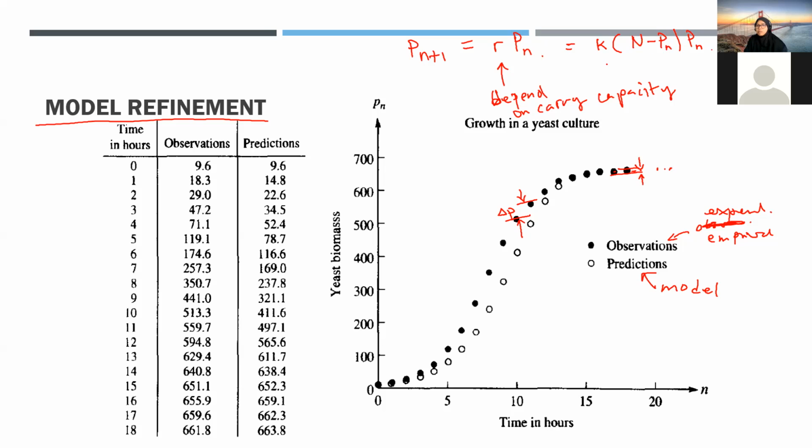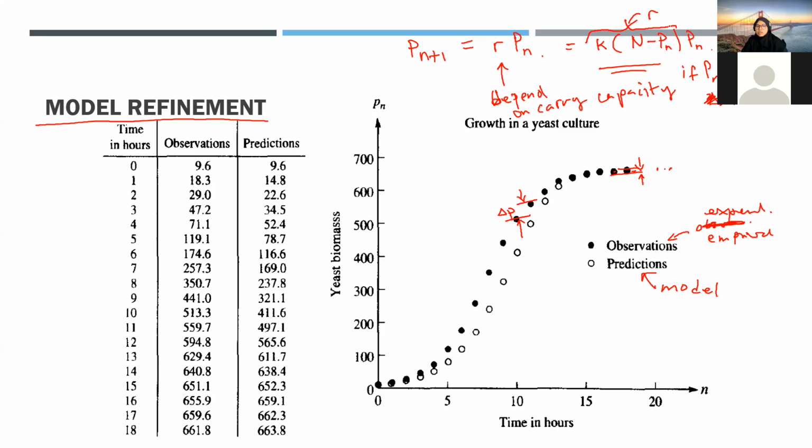So this is going to be my new proportionality formula, and K times N minus Pn, this is my new R. Now you can see from this equation, N minus Pn, if Pn goes close to N, the change in R, not the change, R is going to go to zero. The change is going to go to zero.